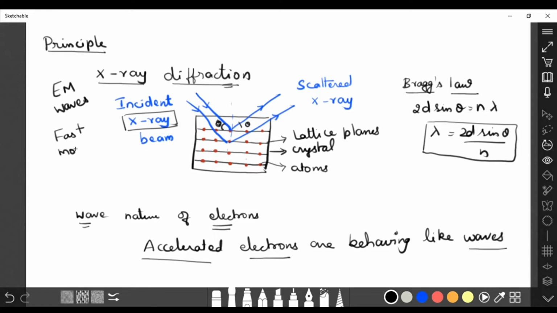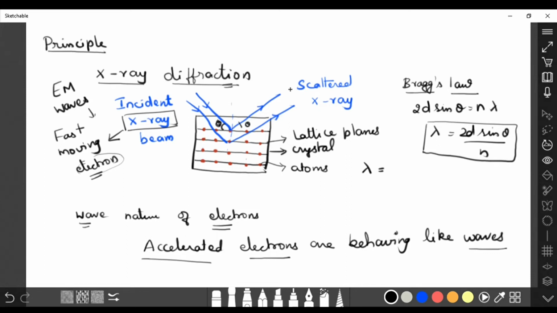Electron is a particle, it is matter. If they get the same result with fast moving electrons instead of X-ray, then they can say the fast moving electron also has wave nature. This is the basic principle of this experiment.